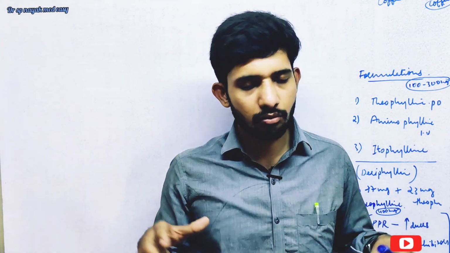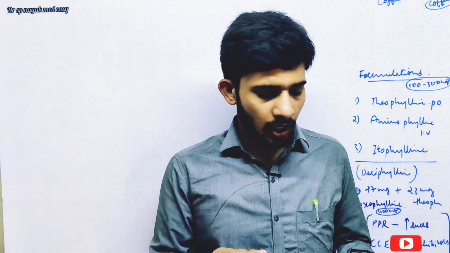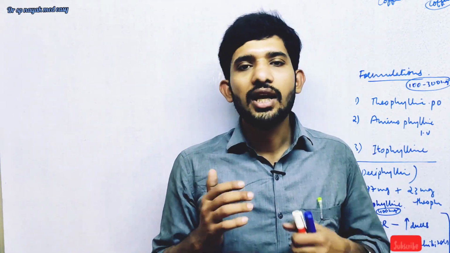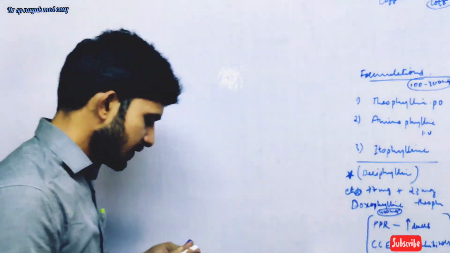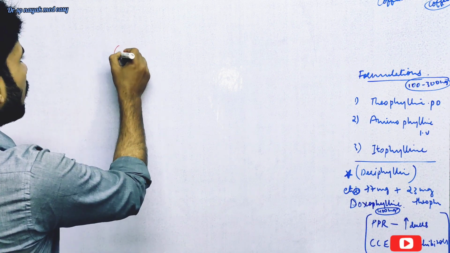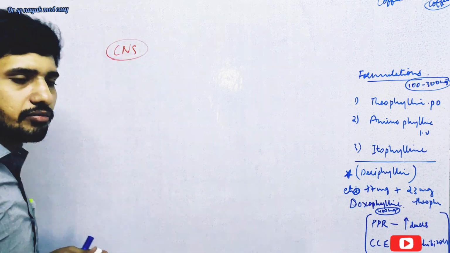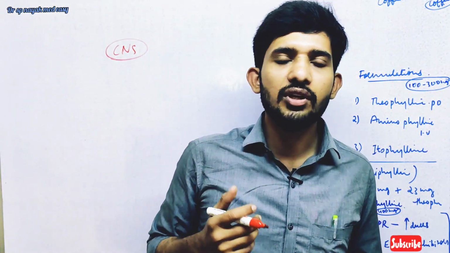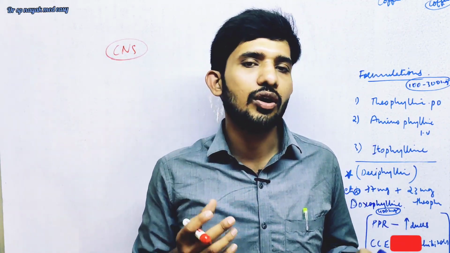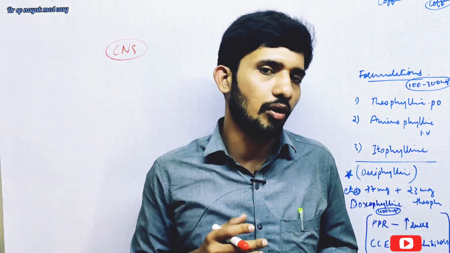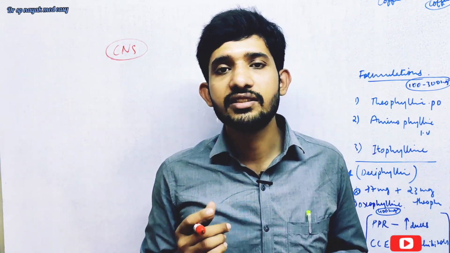They act on almost many systems in the body. So we'll come from the top. What are the pharmacological actions of methylxanthines on the CNS? On the CNS, methylxanthines have stimulant activity. They stimulate the brain, spinal cord and different nerves in the body. So they are called CNS stimulants.